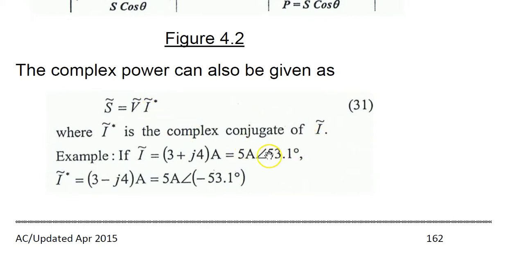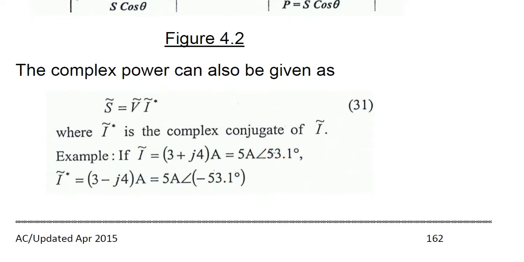It is the inverse of the current. Notice that in the example given here, if the complex I is 3 plus j4 amps, or 5 amps angle 53.1 degrees, the conjugate of I is 3 minus j4 amps, or 5 amps angle, just the negative of the current angle, that's all.